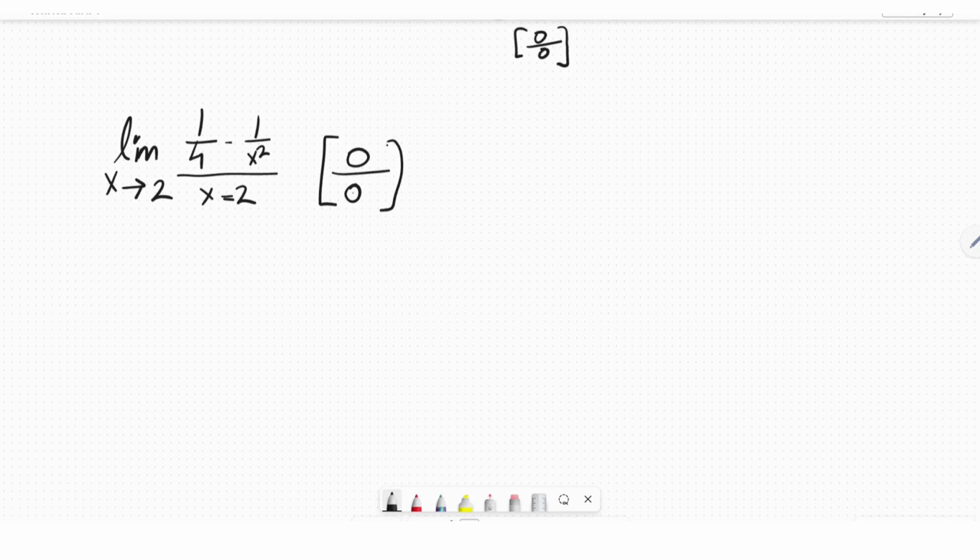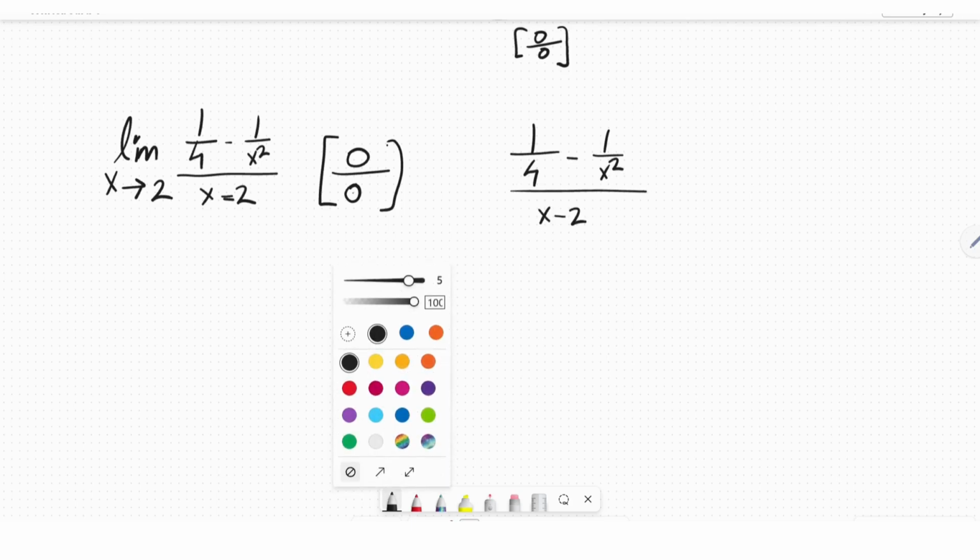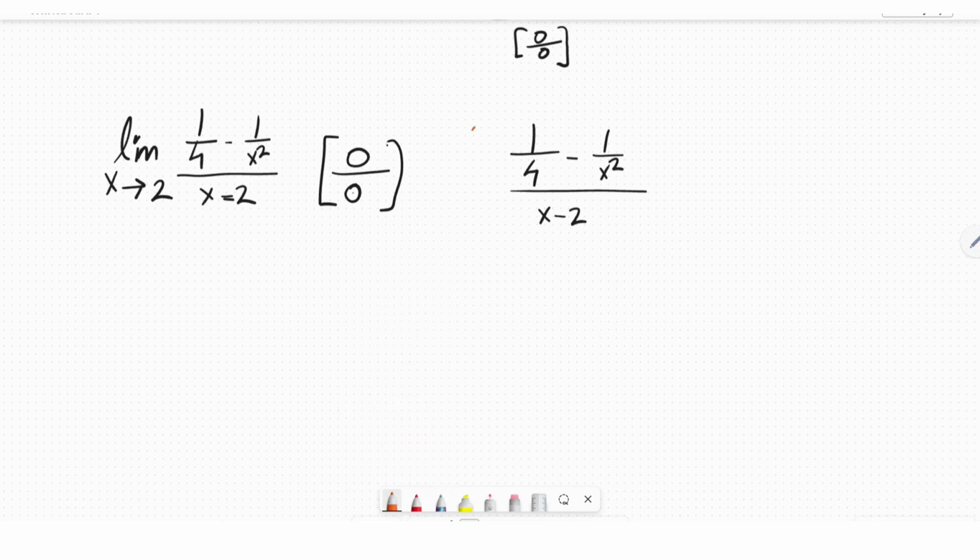That's why to eliminate this indefinite form, we should find an expression which is identical to this expression. To manage this, we multiply and divide our expression by 4x squared. Let's multiply and divide by 4x squared. These terms and these terms. And then we obtain this.